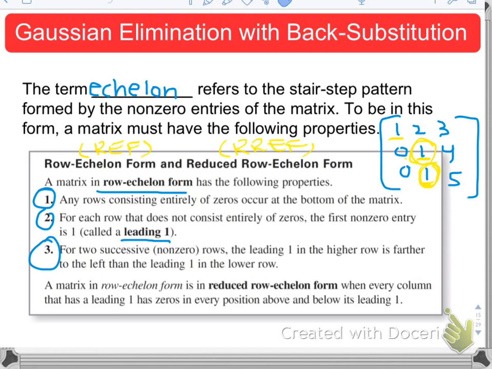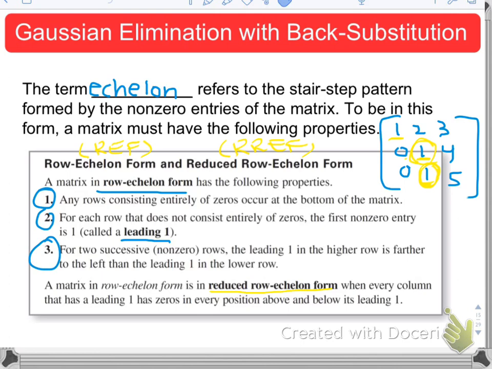And sometimes we call this REF and then RREF. And so for reduced row echelon form, a matrix in row echelon form is in reduced row echelon form when every column that has a leading 1 has zeros in every position above and below it. And that's something a little different. And that's why I'm going to stop at slide 17, because we're going to go over it more in class. And if you have questions, but really do make sure you look ahead to get an understanding.